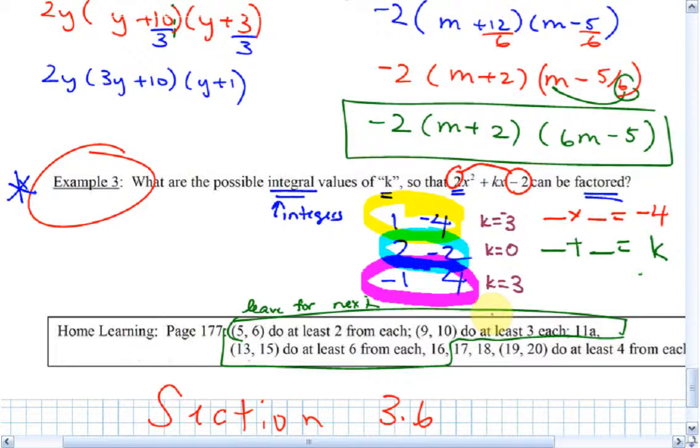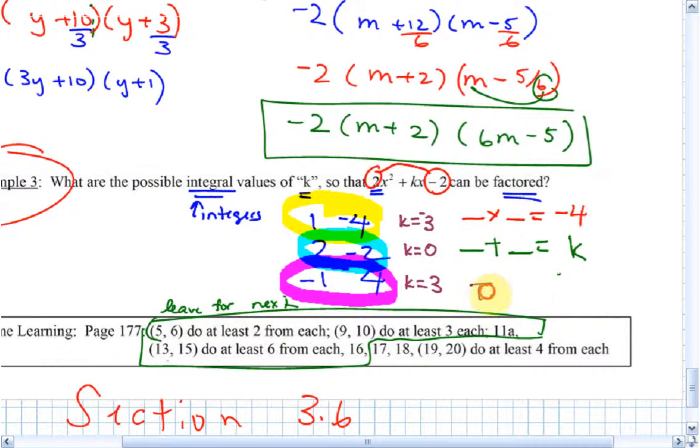So I'll just say the possible values are -3, 0, and 3. So these are the three answers for k, so that when I plug it into this expression, I can actually factor it into the two brackets.